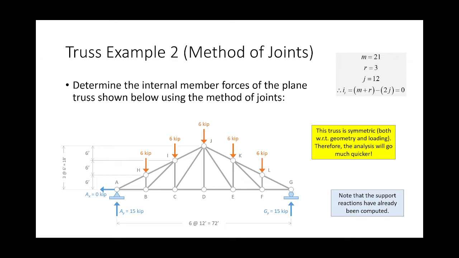The first reason is when you're doing truss deflections, we actually would solve this truss twice. We would solve the truss for the loads as they are, and then we would solve the truss for a single unit load where we're interested in finding deflections.